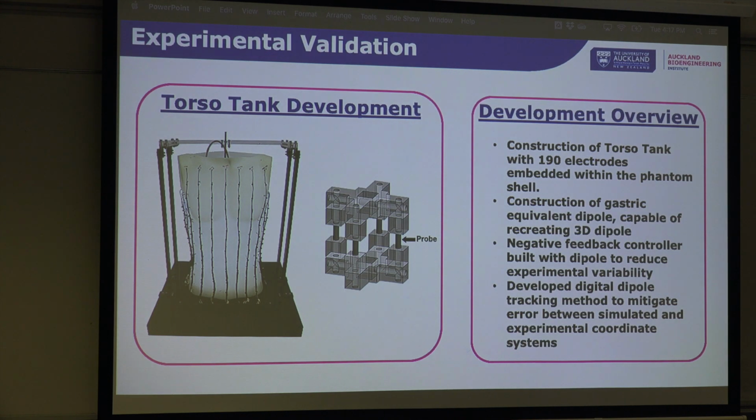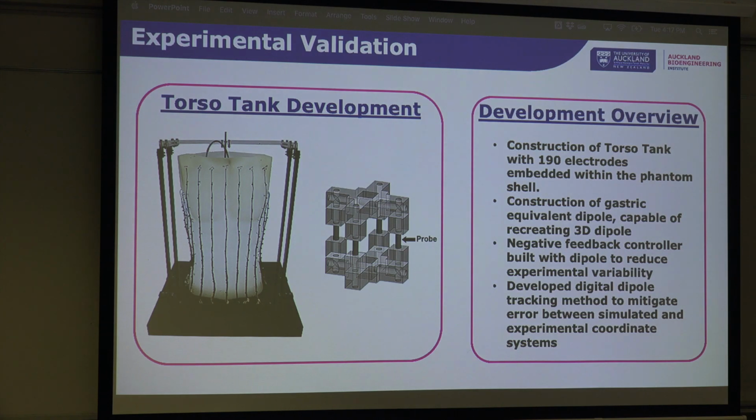This meant that we could validate our simulations without the presence of any background noise, which is one of the main problems with the EGG. We were also able to reliably reproduce the gastric dysrhythmias, which is another issue if we wanted to go straight into human subjects, because we wouldn't actually be able to identify what their conditions were, as we wouldn't have a basic understanding of their underlying electrical activity.